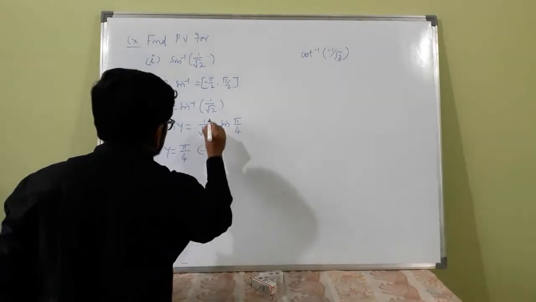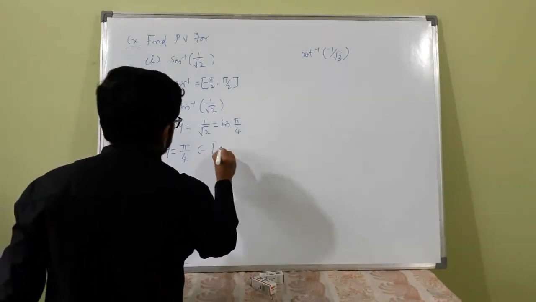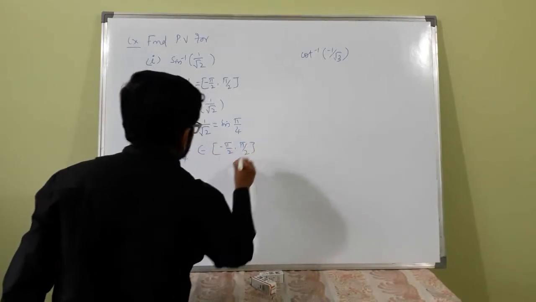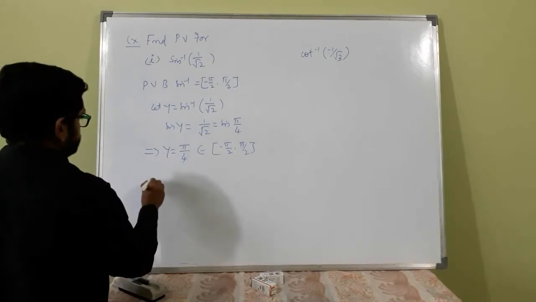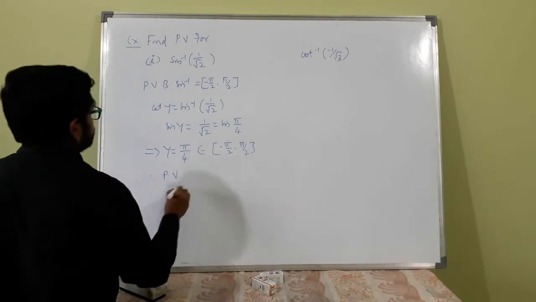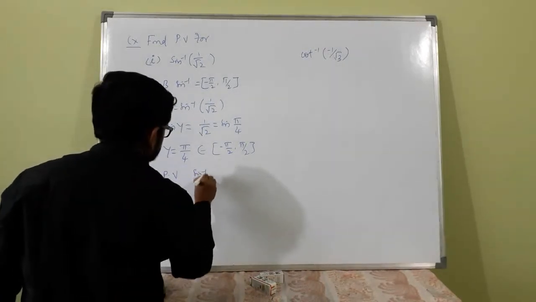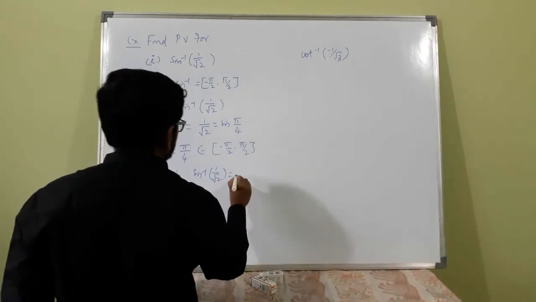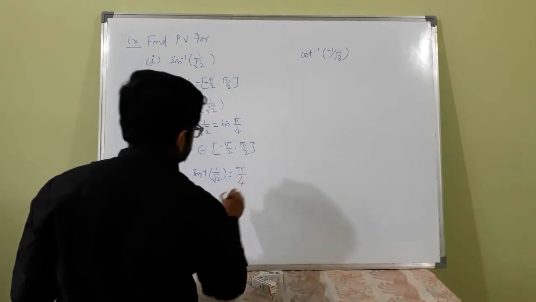This belongs to the principal value branch. Therefore, the principal value for sin inverse 1 by root 2 is π/4.